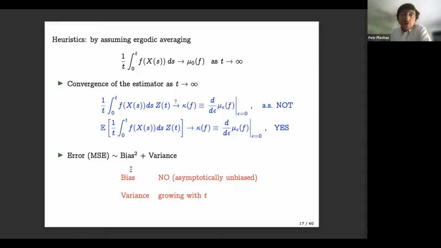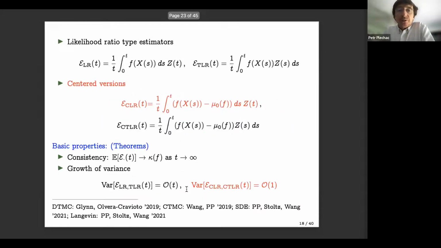We can also show that there is no bias. This is an unbiased estimator, but unfortunately the variance of this estimator grows with the time t. So in this form, this estimator of the derivatives would not be useful because, as I said, we need to take t very large. In principle, t has to go to infinity.